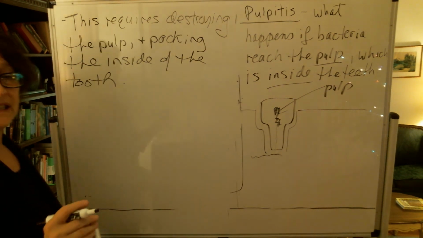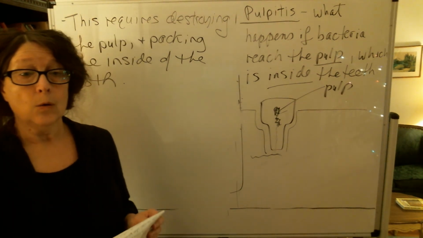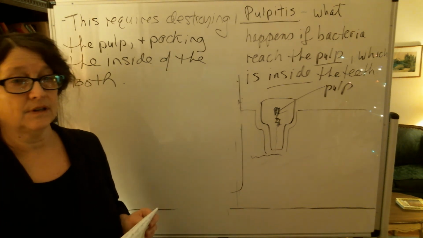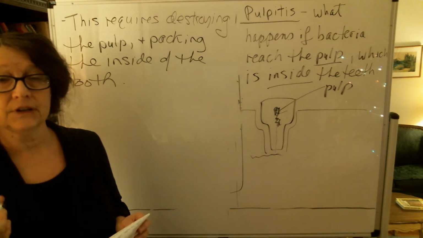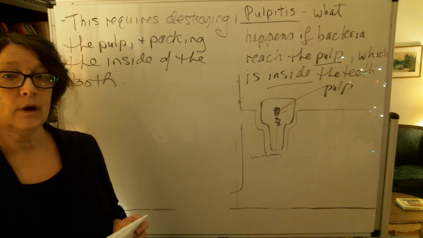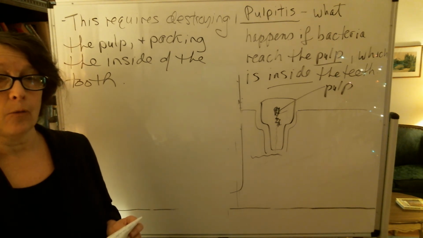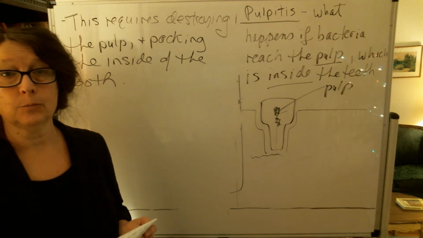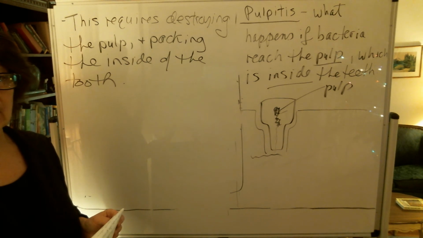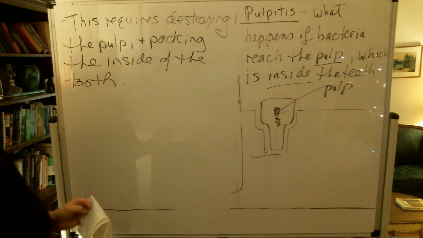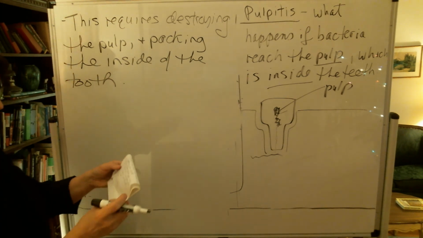So what happens in this case is that the infection is removed. It is washed out and drilled out and so on, and then you wind up having a sterile material packed in where the pulp used to be, and then you have to put a cap on top. But this is how you then get rid of a pulpitis infection.